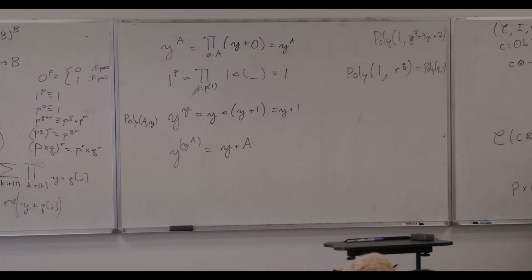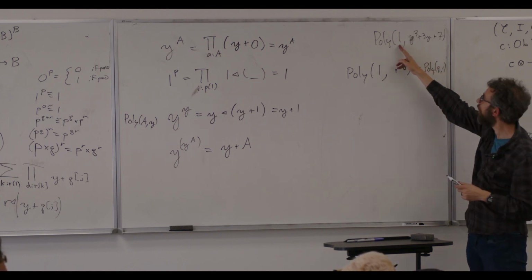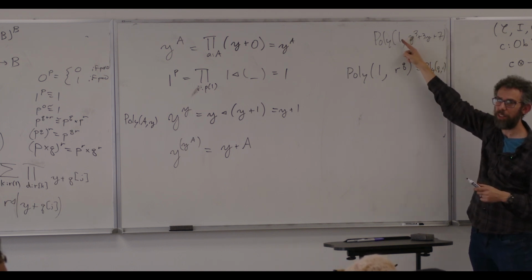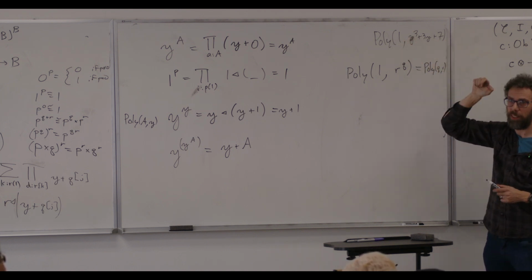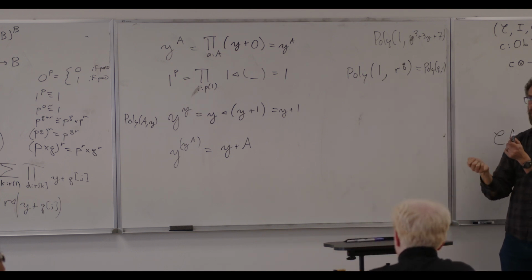How many are there? Not 11. 7. Yeah, because I need to pick any position I want, but then I have to take every direction to the empty set of directions. Yes, exactly. And I can only do that if I get the constant term. So poly 1 comma blank just pulls out the constants.